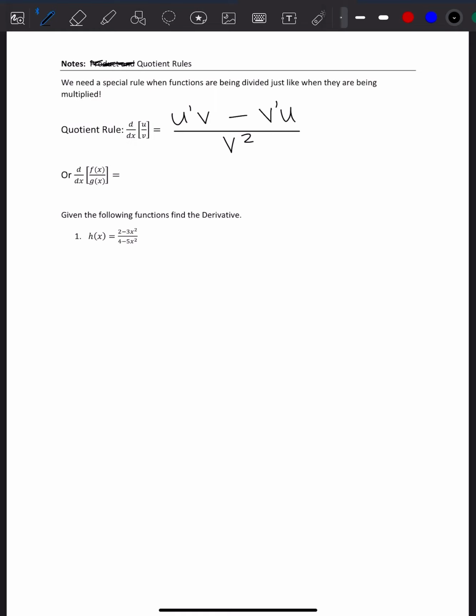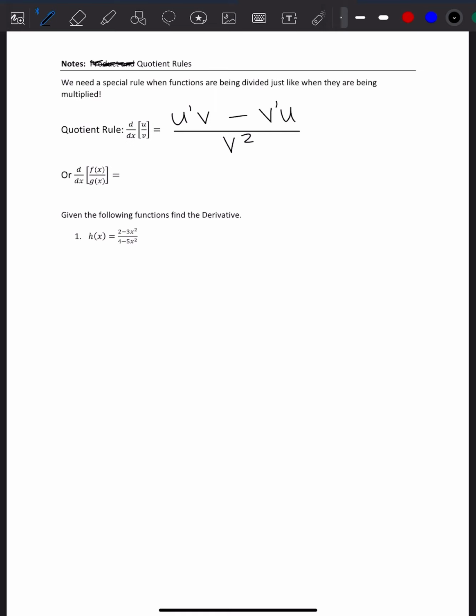So u prime times v minus v prime times u, all divided by v squared. This is going to look really similar to product rule. The big difference is we have division and we're dividing by v squared, and instead of addition we have subtraction.